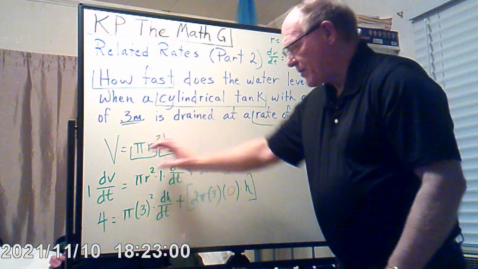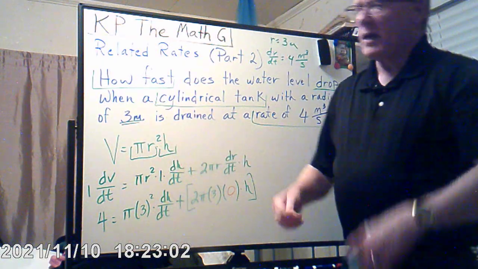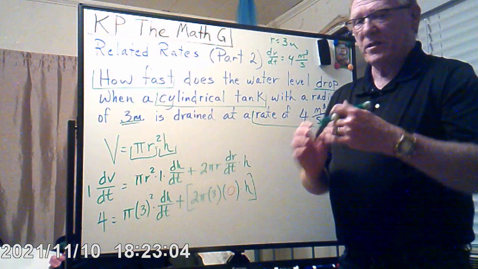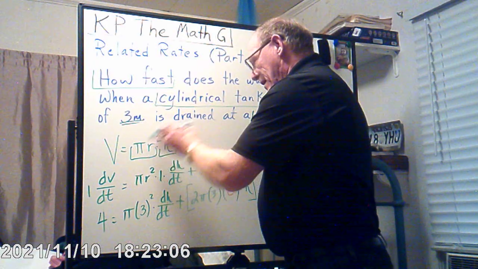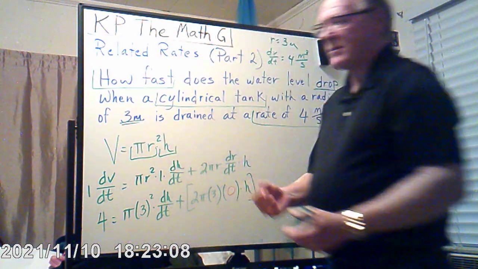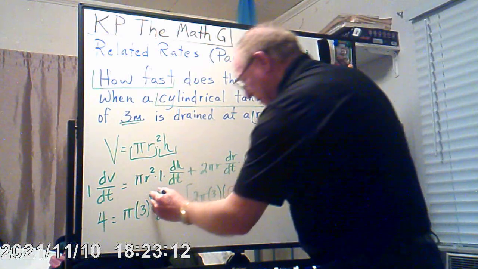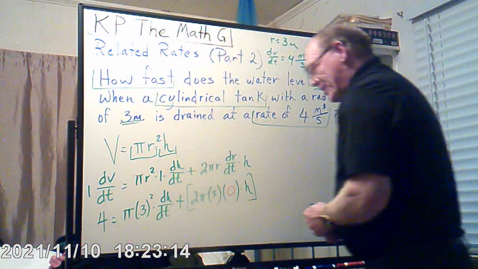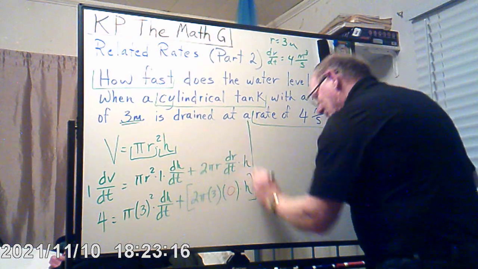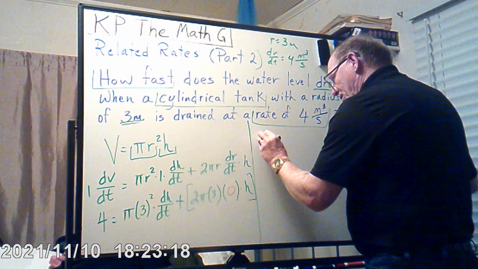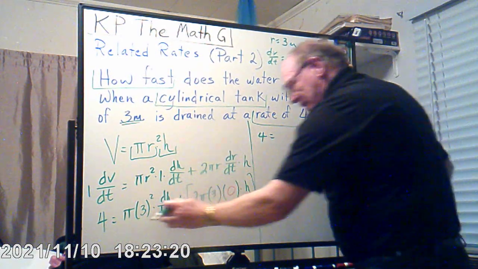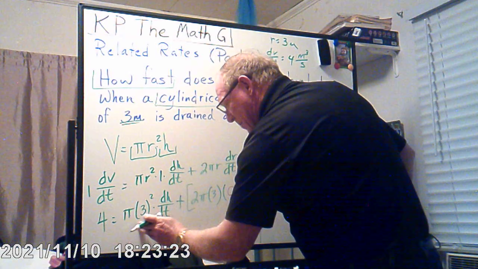It'll say you didn't think to put that in from the start. And some teachers try to teach, do not put anything in until you take the derivative. Well, that's what I just did. Now, right here, we have 3 squared is 9. That's what you would have had in the first place. So 4 is equal to 3 squared, 9, let's put that in front of the pi.